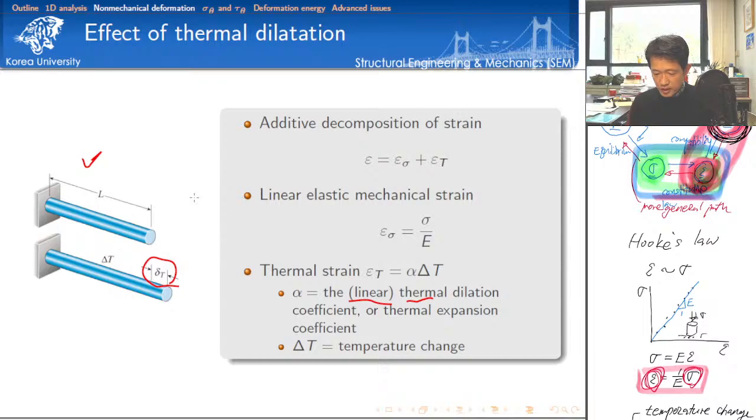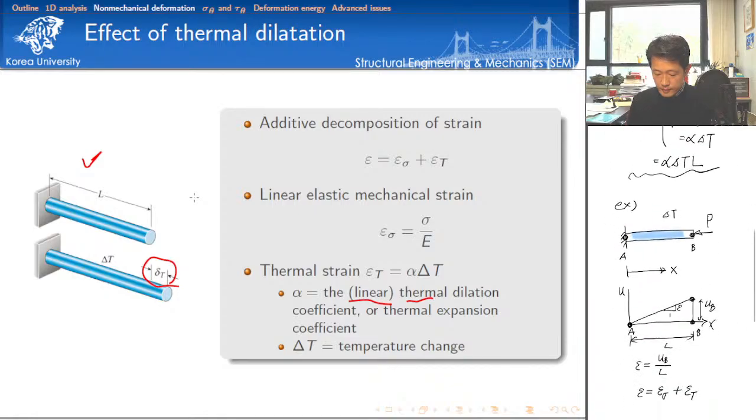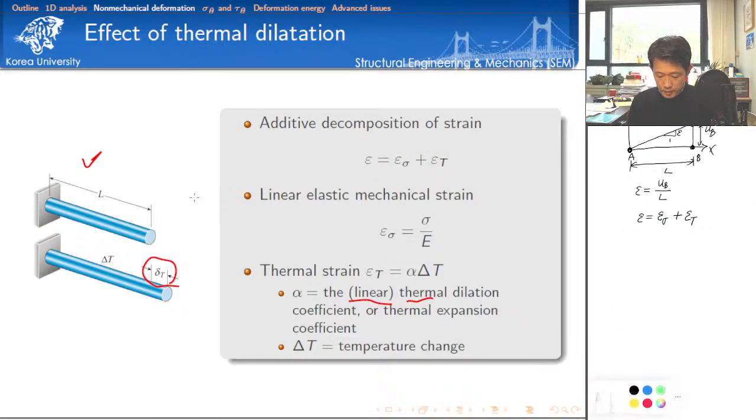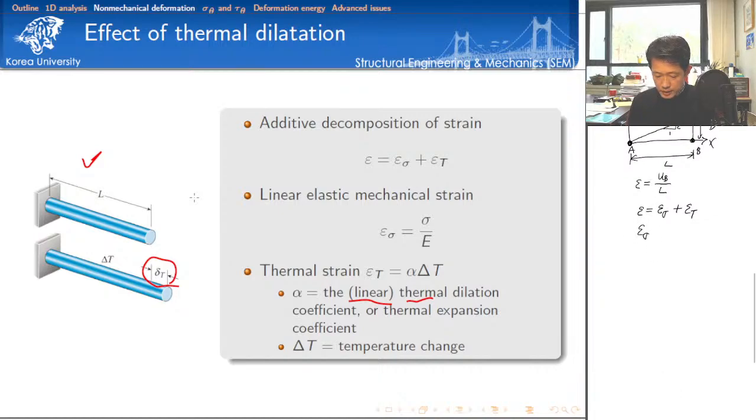Stress and strain. So we have to transform the total strain to the strain related to the stress. Then the strain for the stress is equal to the total strain minus the thermal strain.